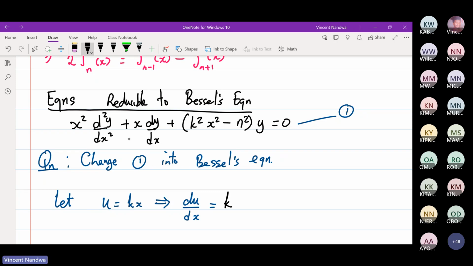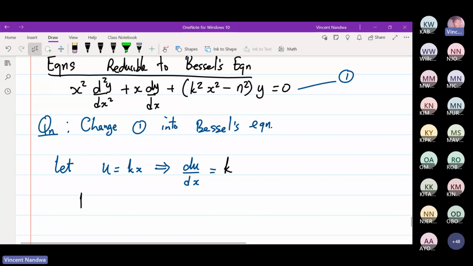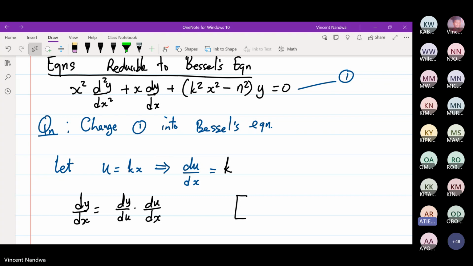But we know that dy dx can be given by dy du times du dx. Which process is this? Chain rule. So by the chain rule, I can always write my dy dx in this form, which would be the same as dy du, but where there's du dx, I put k.